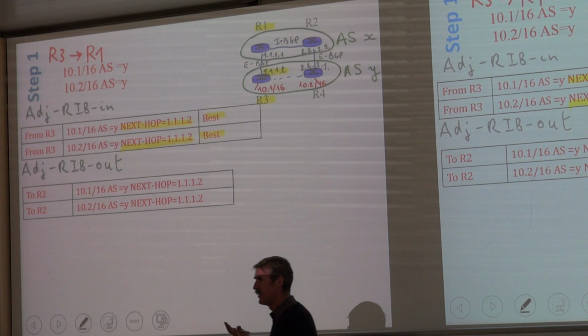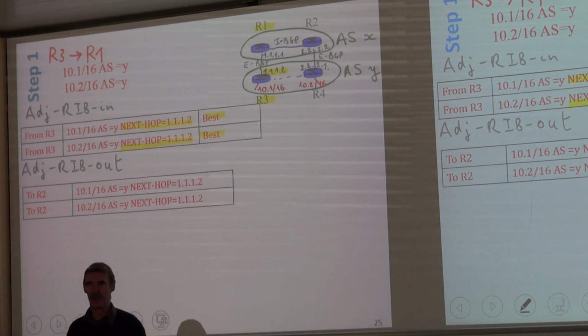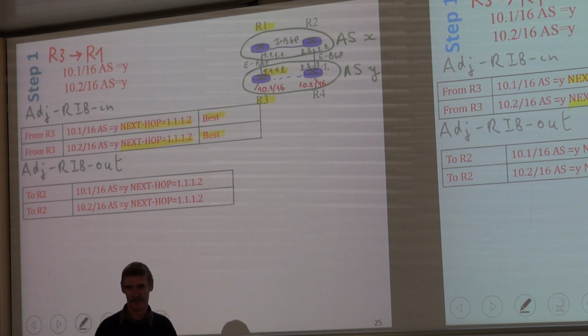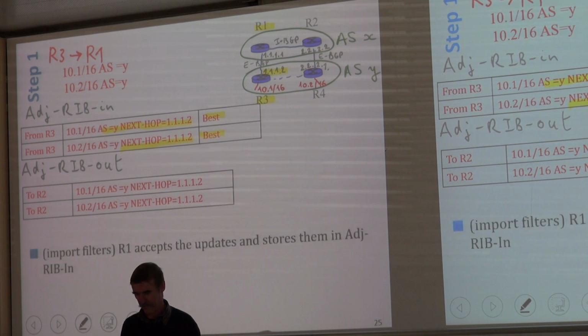One of the rules is you don't pass to someone in AS Y a route that comes from AS Y. So this route here, the AS path is Y. So I will not pass it to R3 because R3 is in domain Y. Otherwise, I'm creating a loop.